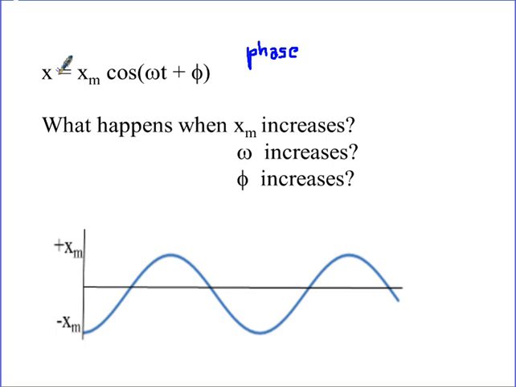This is the description of a simple harmonic oscillator. It is sinusoidal, and here you have it, that the phase constant would be where you are in the cycle at time 0.